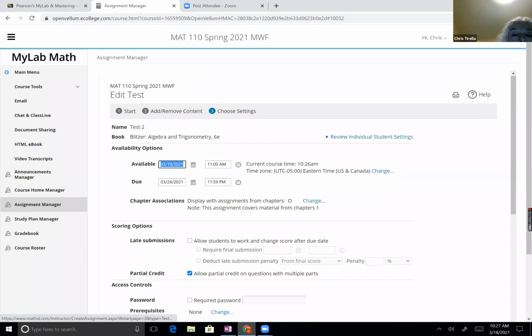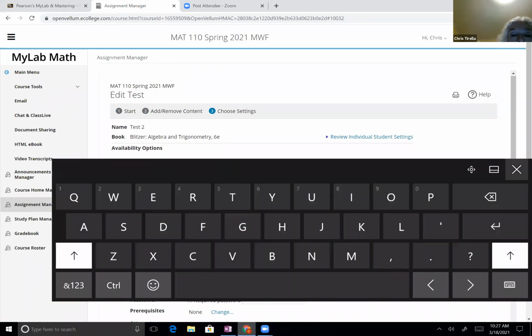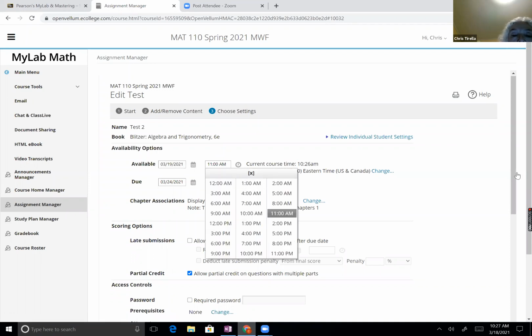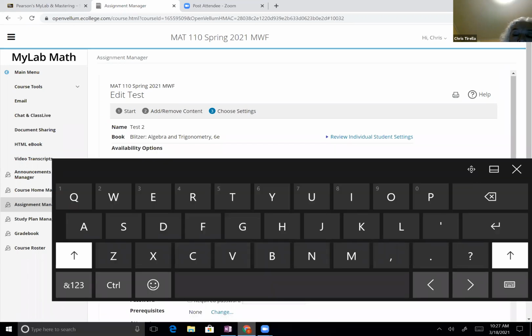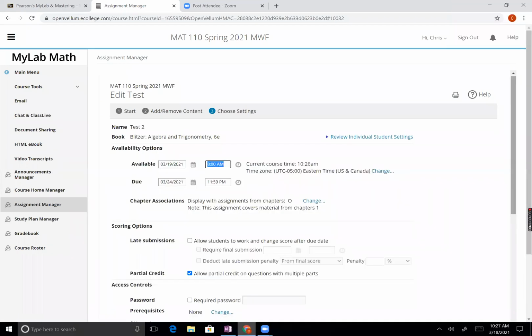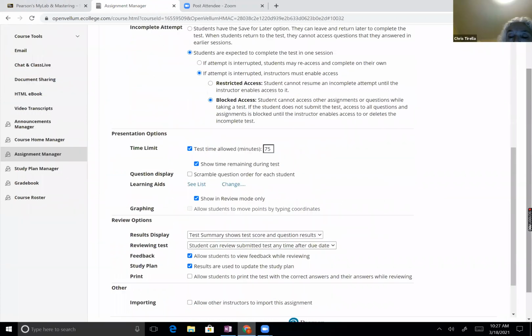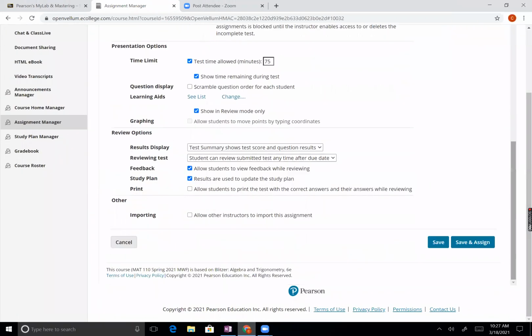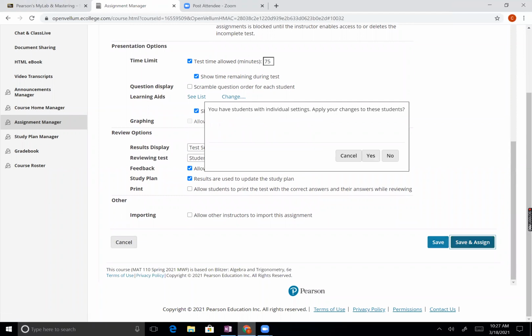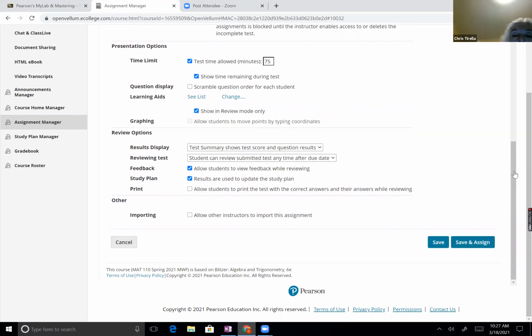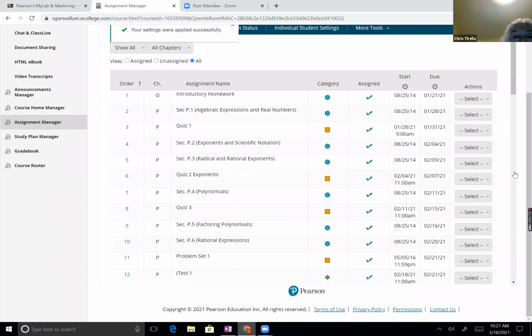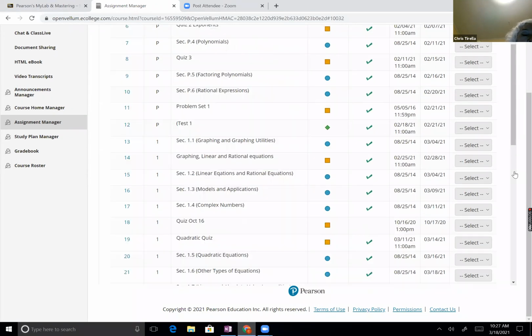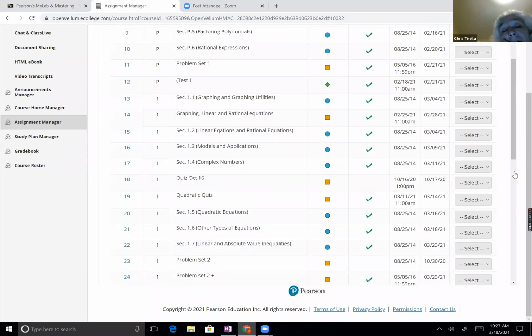Is something crazy like 8 o'clock in the morning early enough, or would anybody be starting it earlier than that? That's good for me. Okay. Then let's go through and save that setting. And assign it. And again, some folks need extra time. That pop-up that I just saw said that the extra time was in there for you.